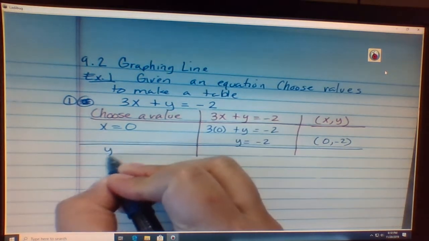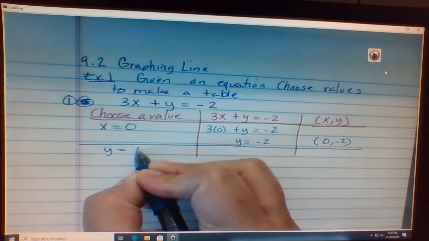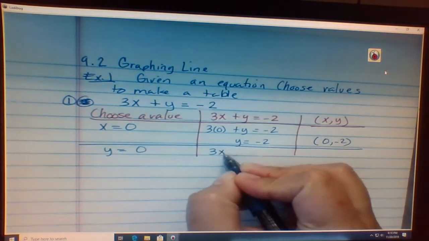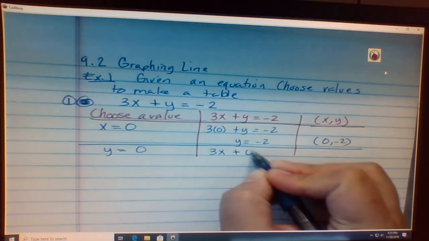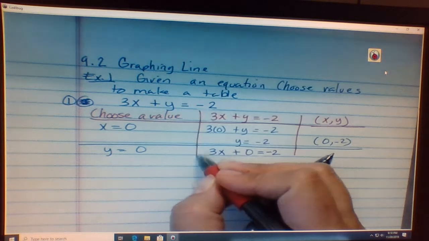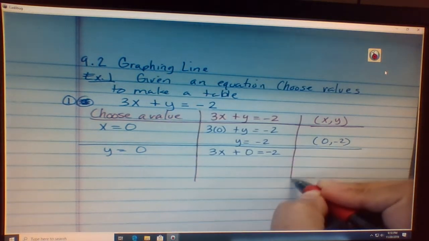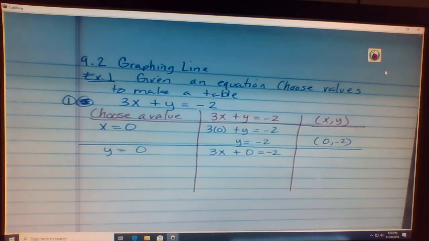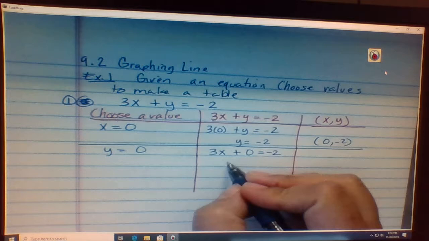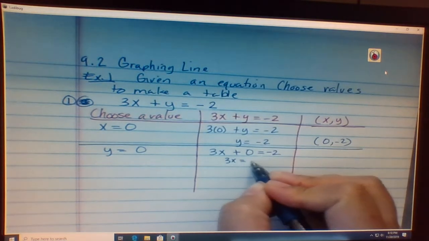Now, the other one would be y equals 0. 3x plus 0 equals -2. So we're always going to plug it into the original equation that's in the top of the table. This 3x plus 0 is just what? 3x equals -2.